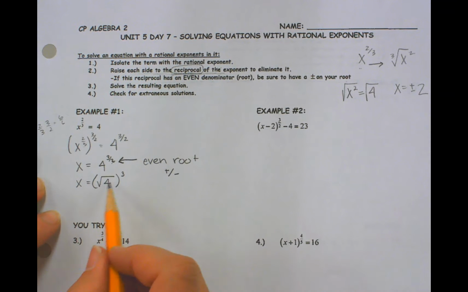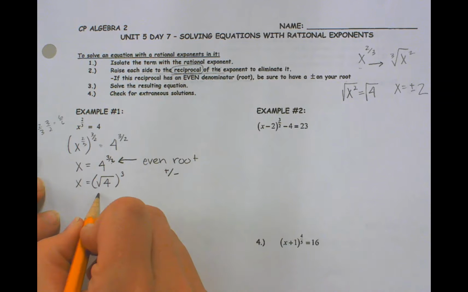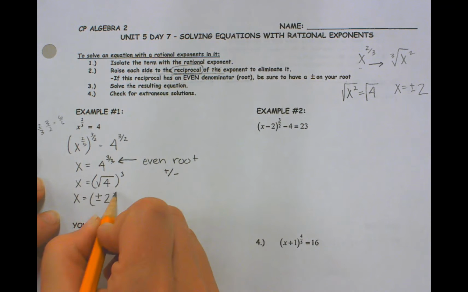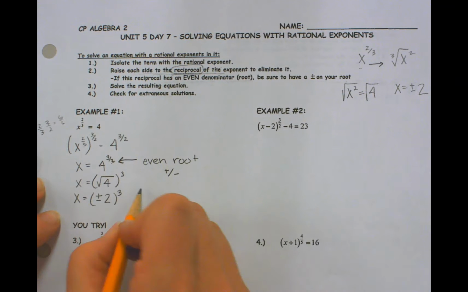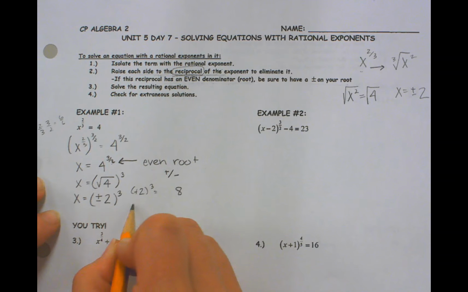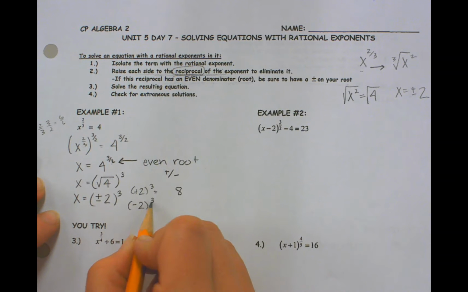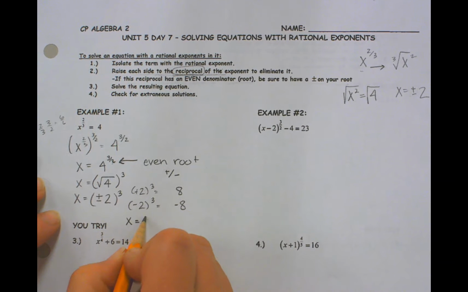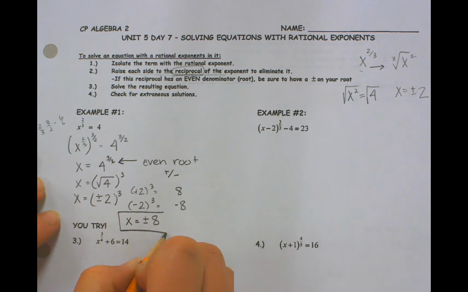So right here, when I take the square root of 4, this is going to give me plus or minus 2, and then I have to cube that. If I take positive 2 and I cube it, I get positive 8. If I take negative 2 and I cube it, I get negative 8. So those are my two answers. So here x equals plus or minus 8.